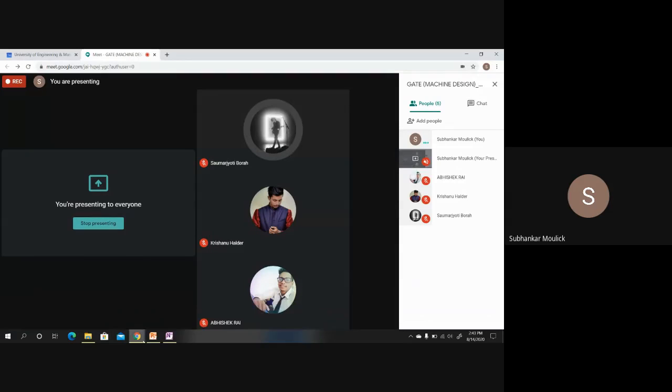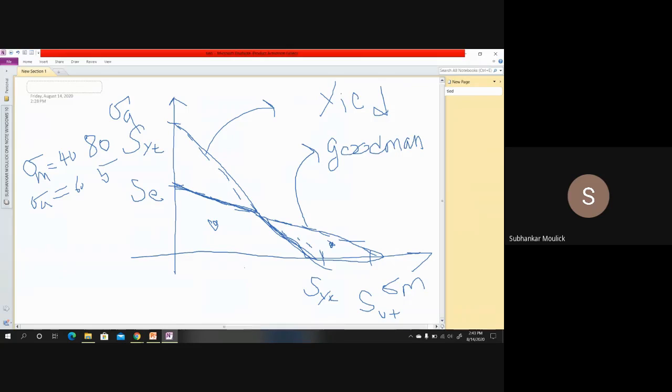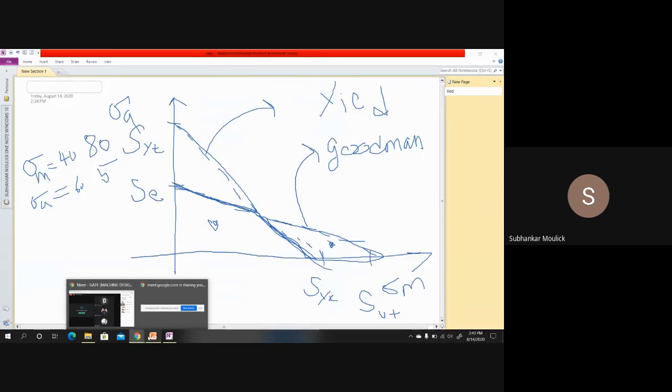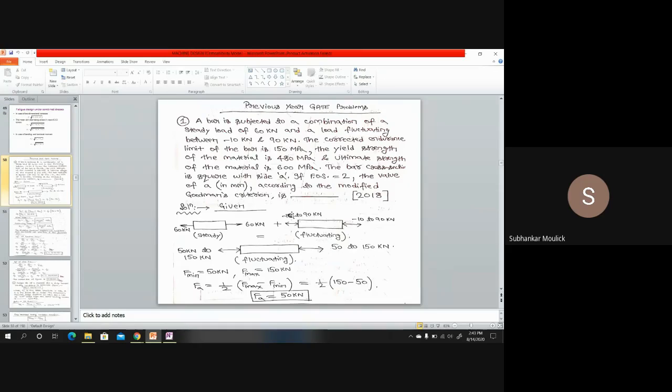Next, now let us solve some problems that have been asked in previous years' GATE. Let us solve problem number 1. A bar is subjected to a combination of a steady load of 60 kilonewton and a load fluctuating between minus 10 kilonewton and 90 kilonewton. The corrected endurance limit of the bar is 150 megapascal.